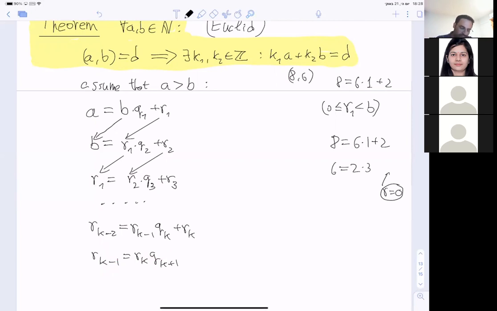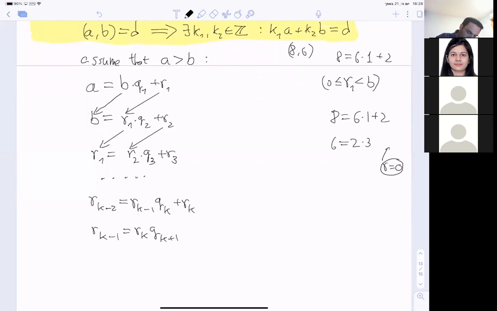And the claim is that this number, which is the last one not being 0, is the GCD of A and B. I don't have the time to prove it. I will prove it next week, but let us see one running example, so we see how it works, and maybe Tomer will show you other examples. Okay, so let us see some example.